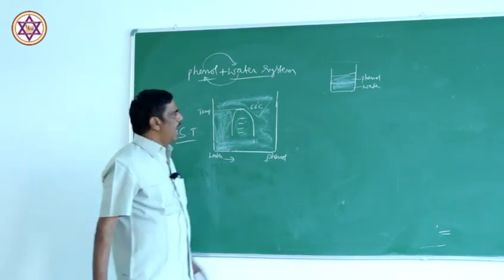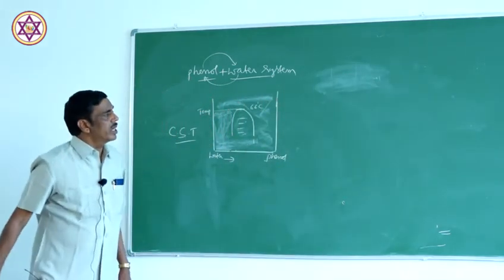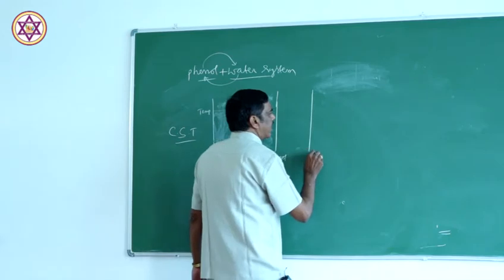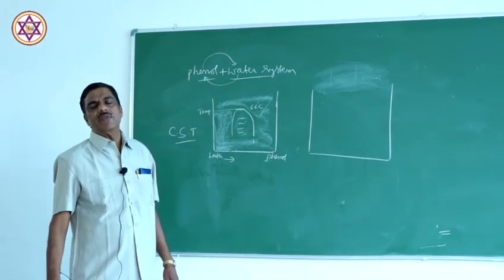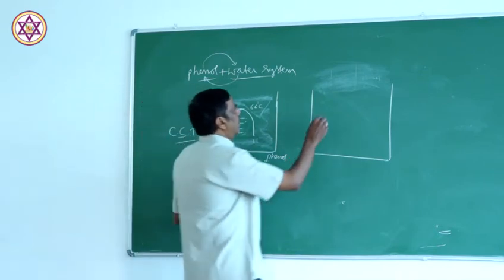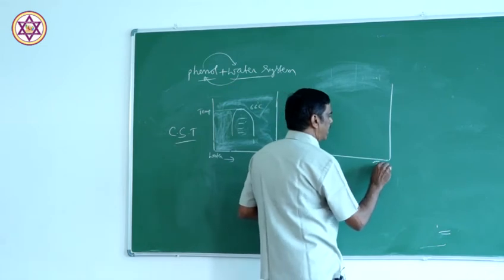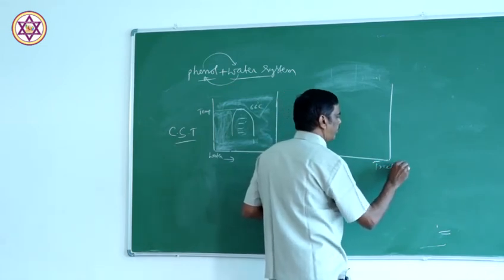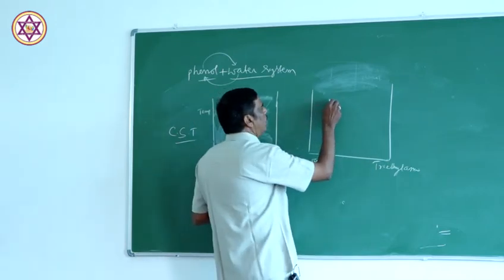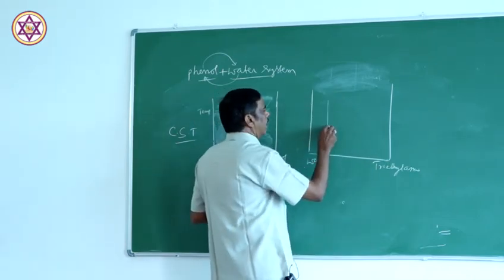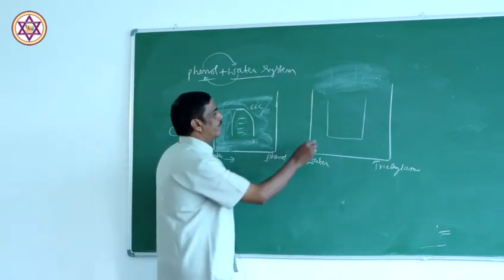That is one example. Another example is the triethylamine water system. In this triethylamine water system, the condition is different. Actually, when you mix water and triethylamine, solubility will be more at lower temperature, at 18 degrees.